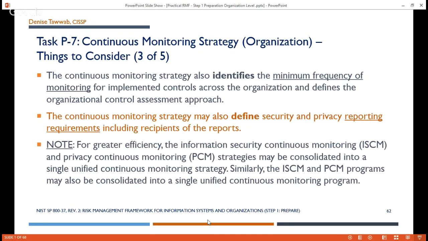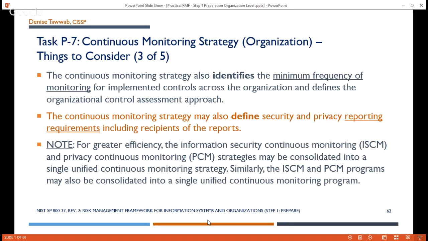The strategy also identifies the minimum frequency of your monitoring for implemented controls across the organization, and it defines the control assessment approach. It also defines security and privacy reporting requirements, including who the recipients of those reports are going to be.